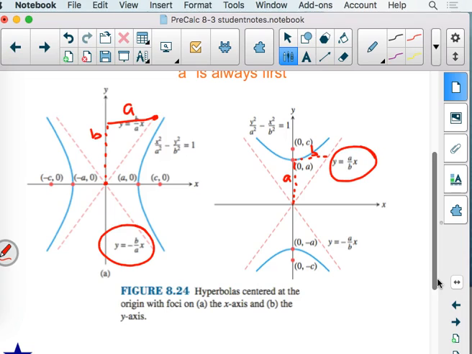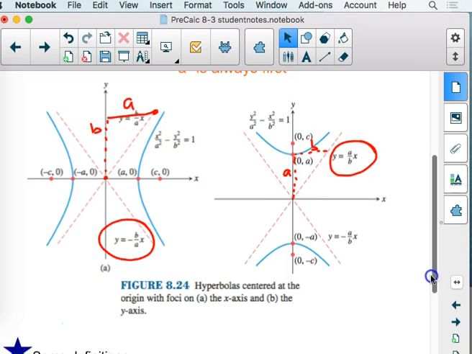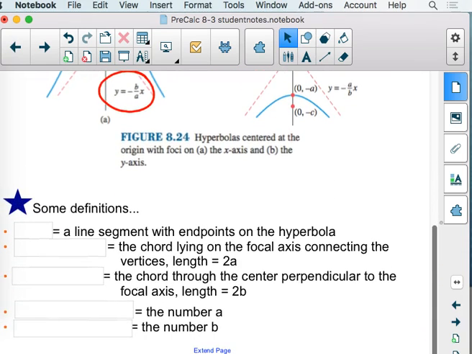So, like I said, I'm going to refer to them as covertices because they need to be there. They're a part of our graph, but they just don't get a fancy name. So, hyperbola centered at the origin. We know those because there won't be an x minus h, there won't be a y minus k, it'll just be x squared and y squared.